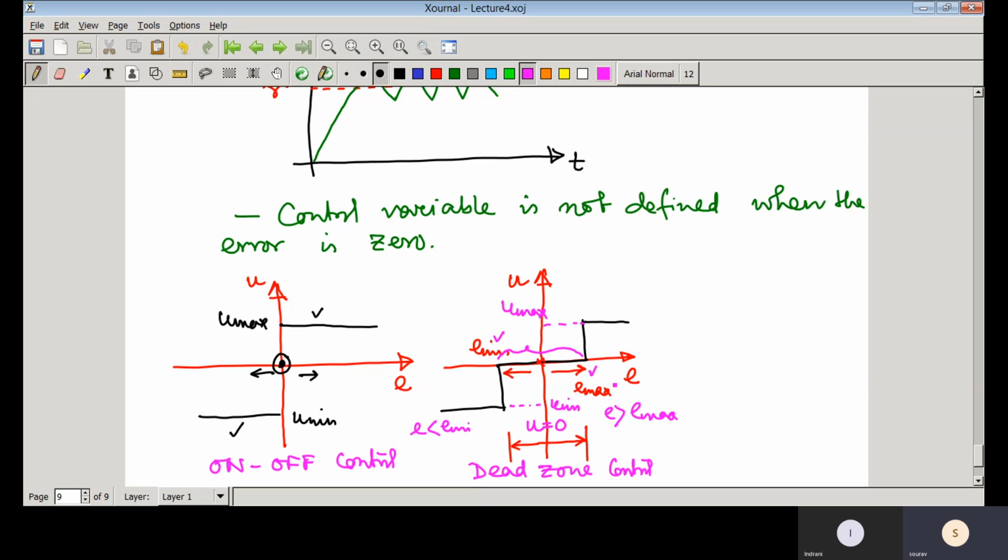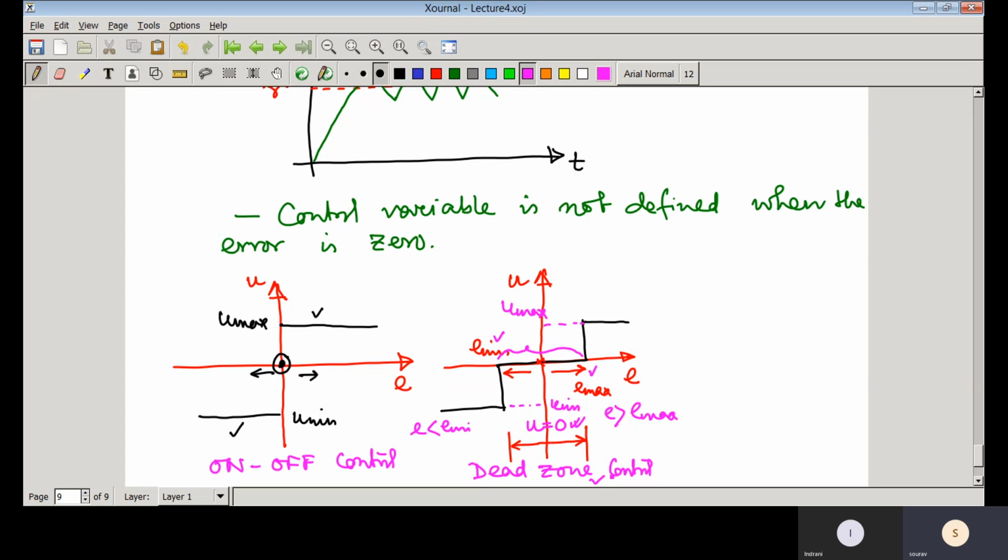So the difference between dead zone and on-off control is that in dead zone, we allow a band. Whenever the error lies inside that band, the control input is equal to 0. This is another type of control strategy we apply in practical applications, and it is called dead zone control.